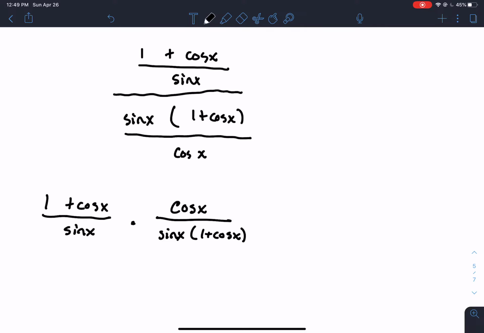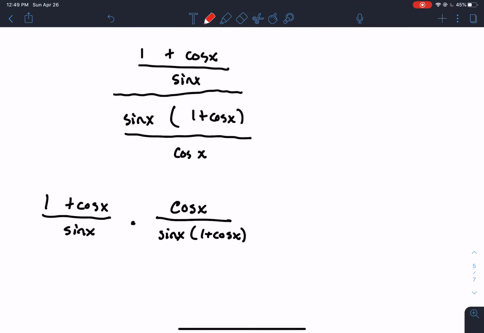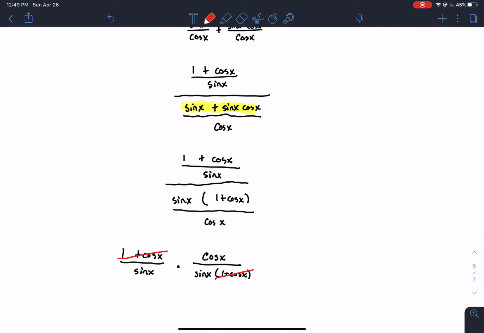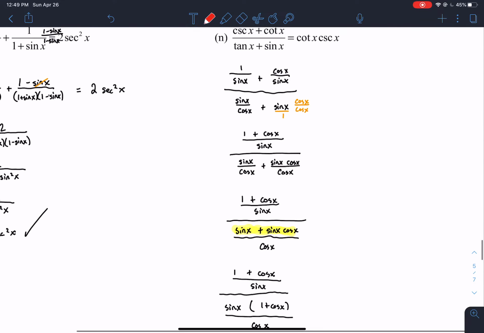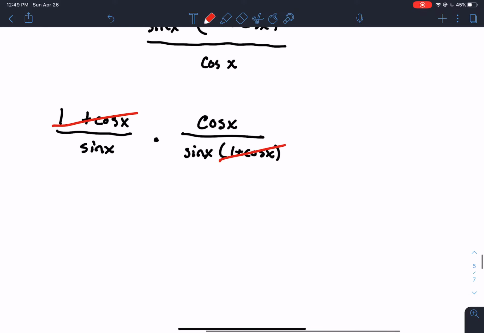Okay, what can we get rid of? So I can get rid of 1 plus cosine. Now let's keep an eye on what we need on the other side. We need cotangent and cosecant.